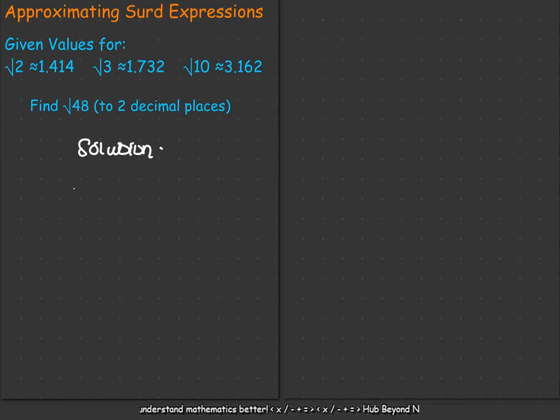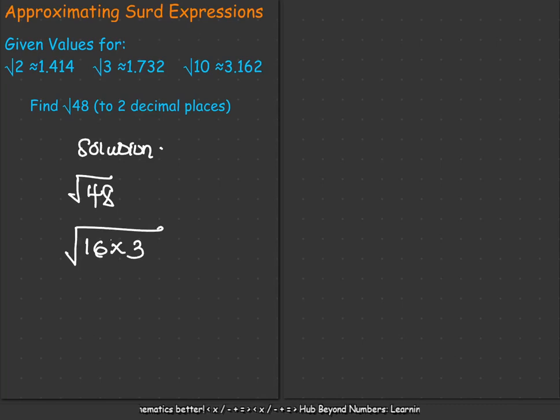So we have the square root of 48. By now, looking at all that we've done, you should be able to simplify this. How do we do it? We try our best to look for the perfect square that is also a factor of 48. And what is that? It's 16. So we have the square root of 16 times 3.